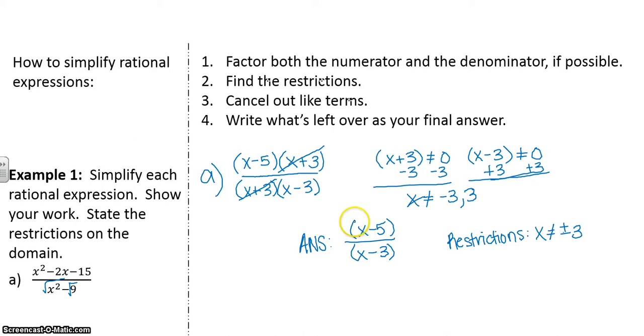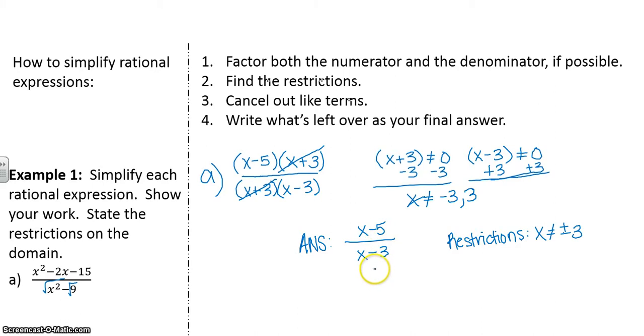Now you can actually write this without the parentheses if you wanted to, so that it would look like this. But if you do that, please realize that you cannot just cross out the x's and say that the answer is positive 5/3, because you would have a negative over negative.